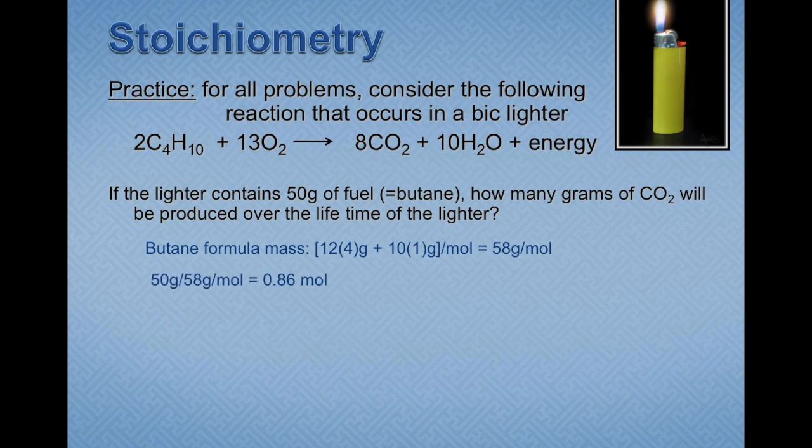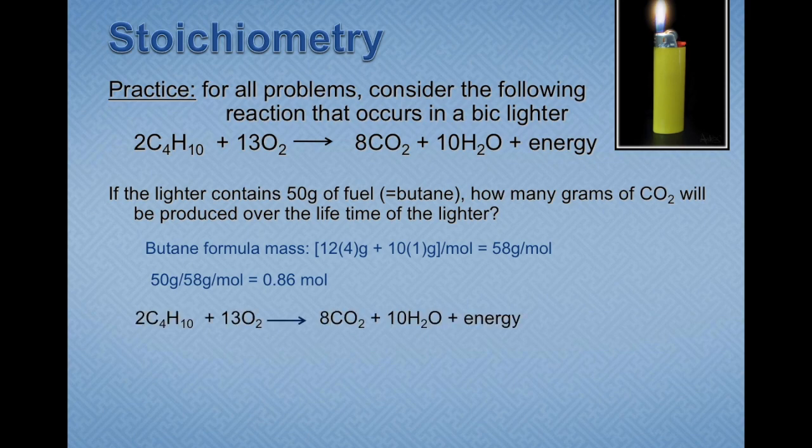And then what we can do is take 50 grams, which is the amount of butane that we're trying to calculate this stoichiometry for, and divide it by 58 grams per mole, and we end up with 0.86 moles. So that's how many moles of butane there are in 50 grams.